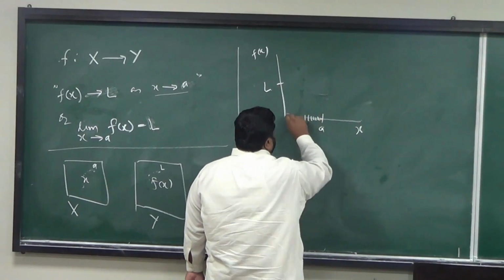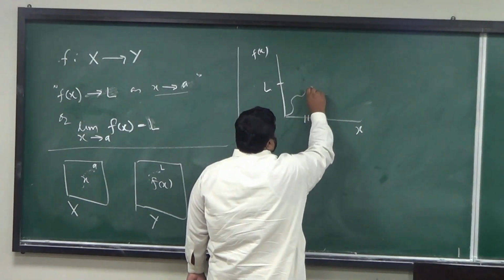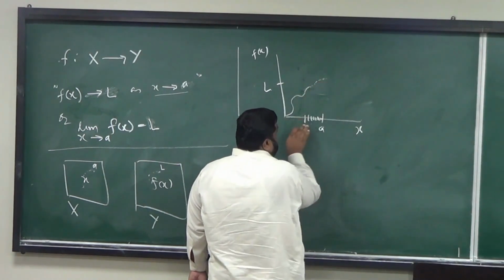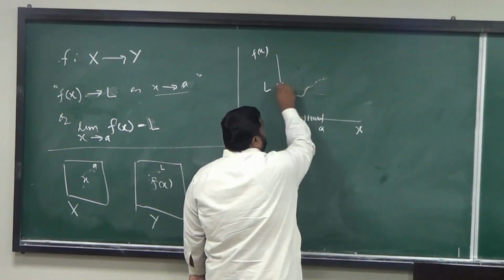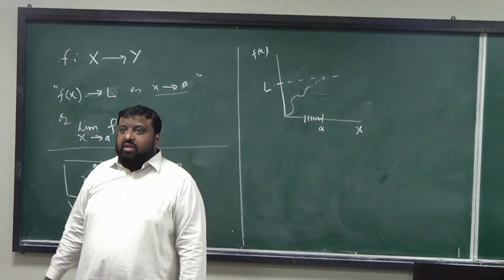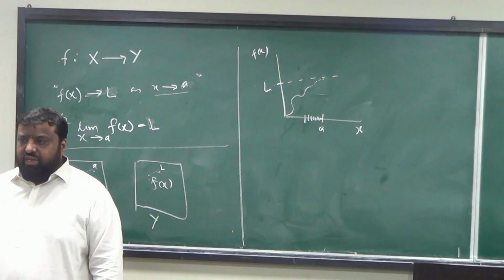Then the function is kind of this kind of a function, and it's getting closer and closer. X is getting nearer to A, the f of x is getting closer and closer. And that's something that we would like to define.